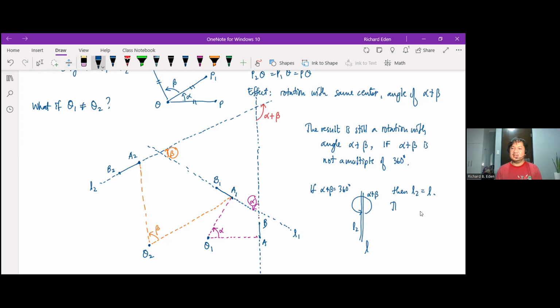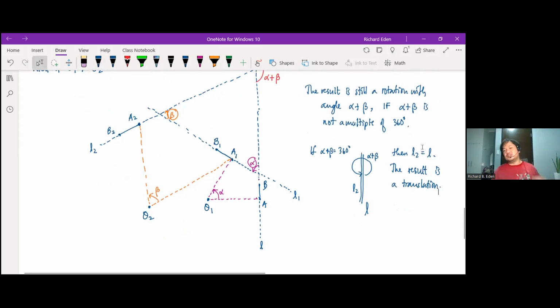Okay. The result is a translation. If the angle is 180 degrees, then it's just a half turn. And so, therefore, if it's 360 degrees, the result is a translation. And in that case, we more or less already know what will happen. Now, the question is, if the result is a rotation at an angle of alpha plus beta, where are we going to find the center?